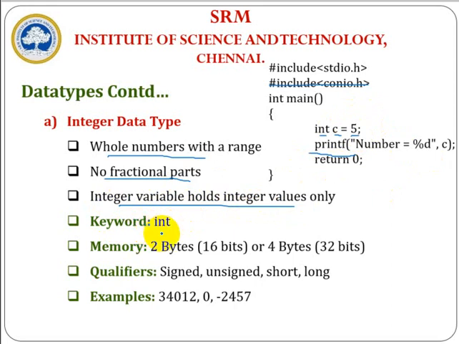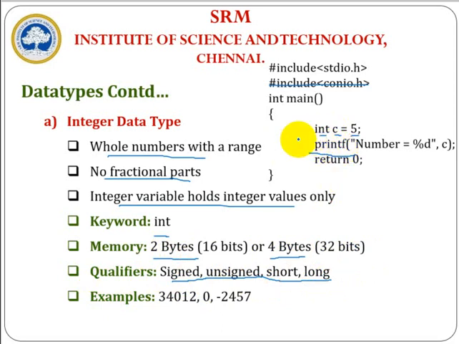The keyword used for the integer data type is int, and the memory allocated for the integer is 2 bytes in general. Suppose I give a long int, it will allocate 4 bytes, as a 32-bit system can support extension to gigabytes. You can also use qualifiers like signed, unsigned, short, and long before your integer data type.